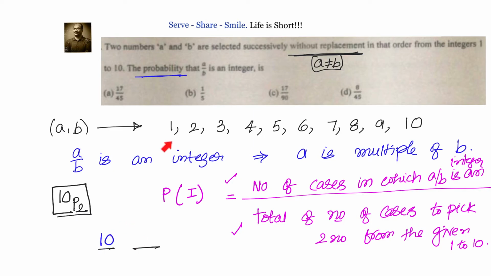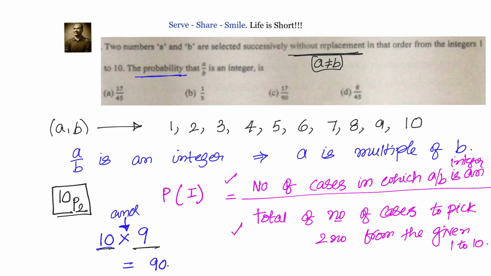So from the remaining 9 numbers, we have to pick one number here. So this slot can be taken by any one of the 9 numbers. So we will have 9 there. Now we want this to happen together, that's why we have to multiply. Because we want the first number to be picked and also the second number to be picked, and 'and' is always multiplication. So the total number of options you have is 90.